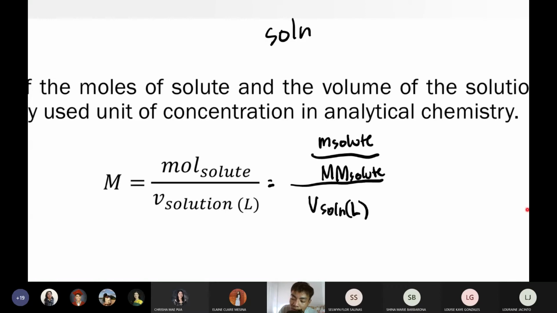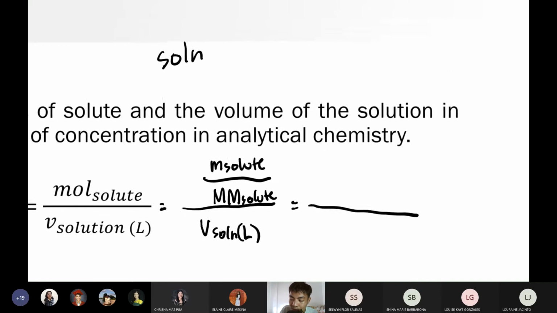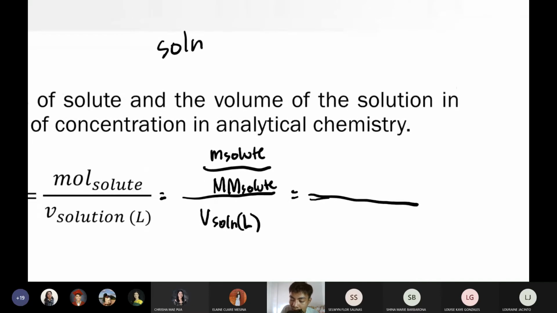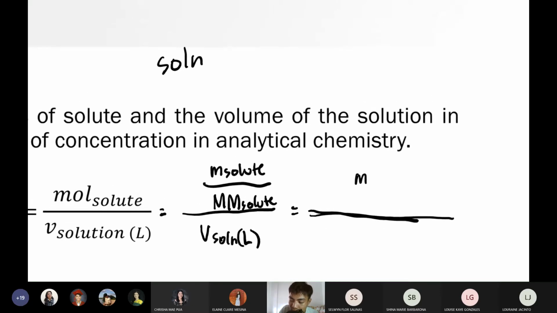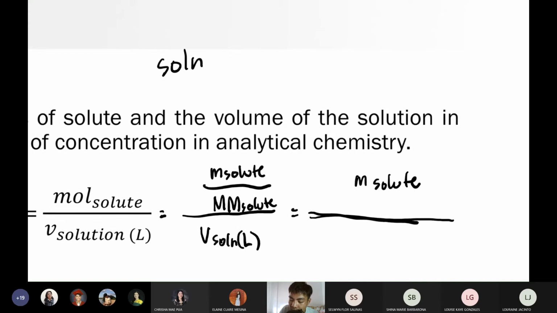Pwede gawin dito. We can rewrite our equation para mas maging clean yan. We can rewrite that as mass solute divided by molar mass ng solute times the volume of the solution in liters. Okay?